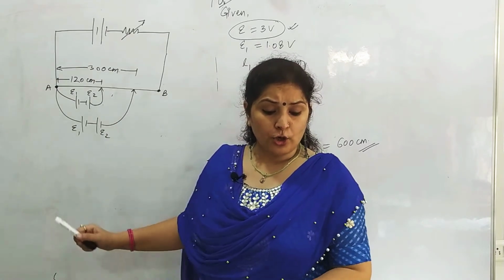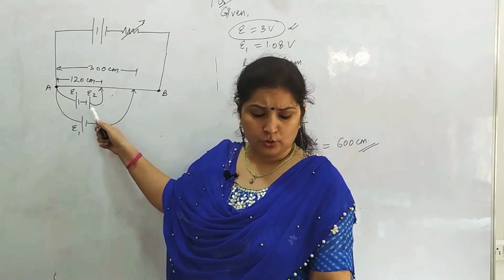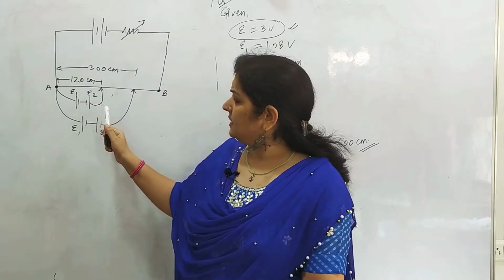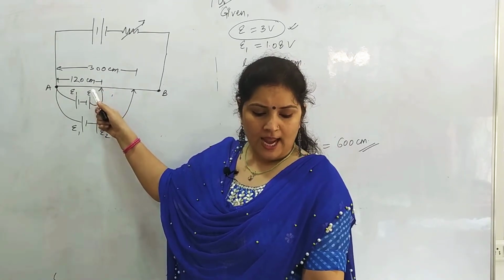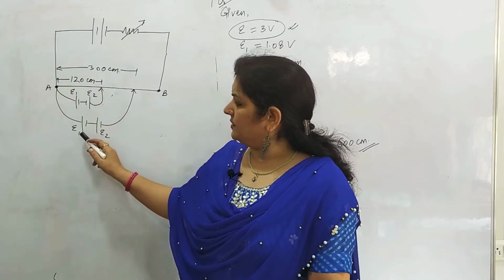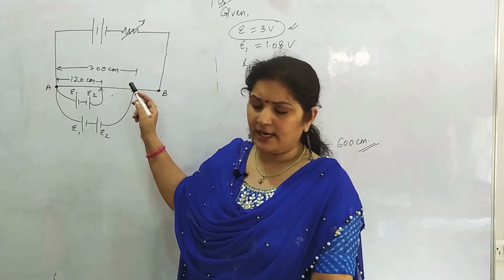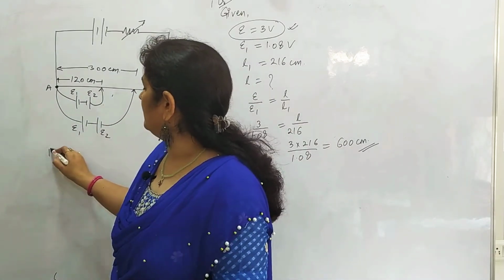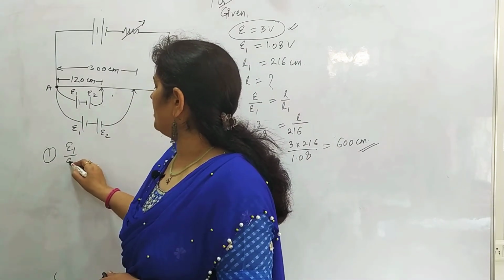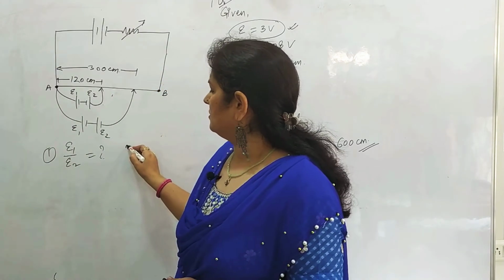The null point for 2 primary cells E1 and E2 when connected like this is 120 centimeter, and when connected like this is 300 centimeter from end A. Find E1 upon E2. That is what you have to find.